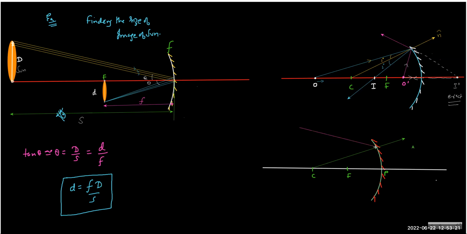The ray is coming like this, the purple one, coming this way. So if the incident ray is converging like this, what will happen?